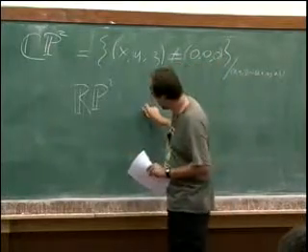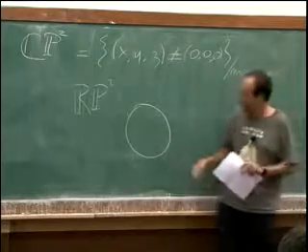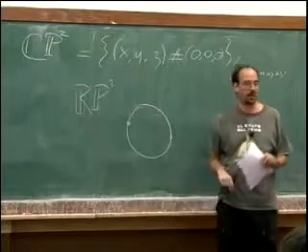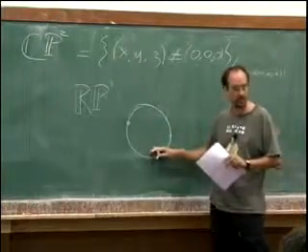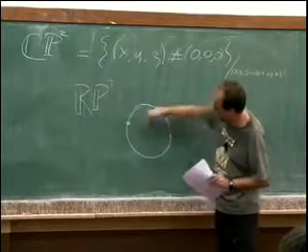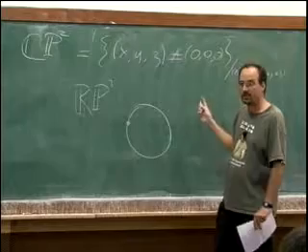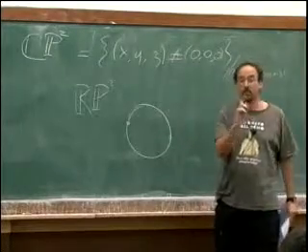It's homeomorphic to a disk where you identify antipodal points. You take a disk, and on the boundary you identify this point with this point, this point with this point. It still doesn't embed into 3 dimensions because it's not orientable.